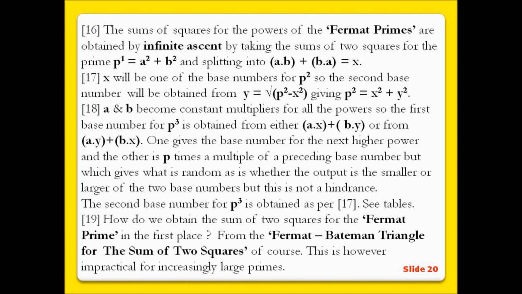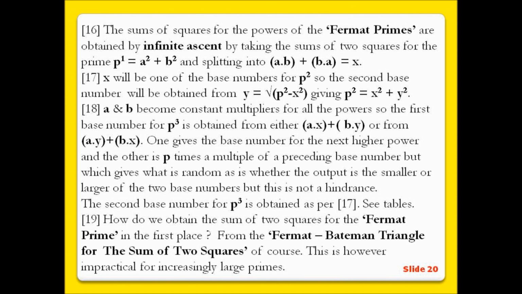X will be one of the base numbers of p squared, so the second base number will be obtained from y equals the square root of p squared minus x squared, giving p squared equals x squared plus y squared. A and b become constant multipliers for all the powers, so the first base number for pq is obtained from either a times x plus b times y or from a times y plus b times x.